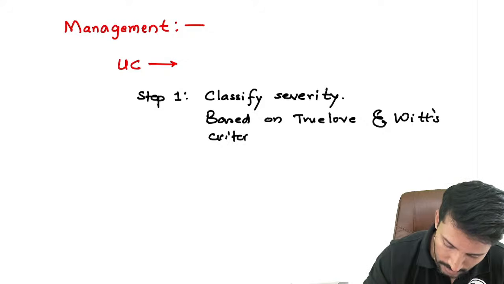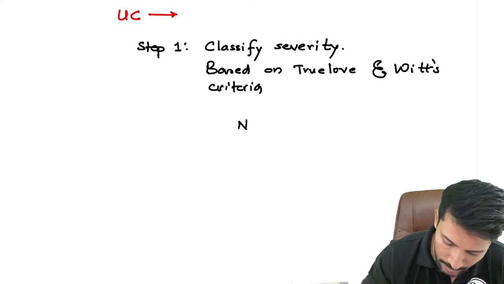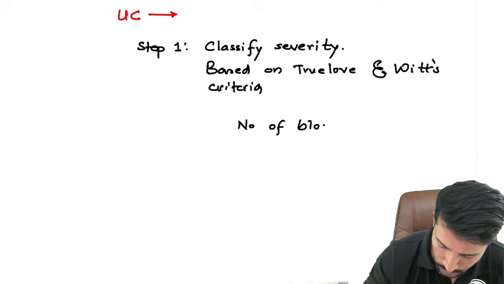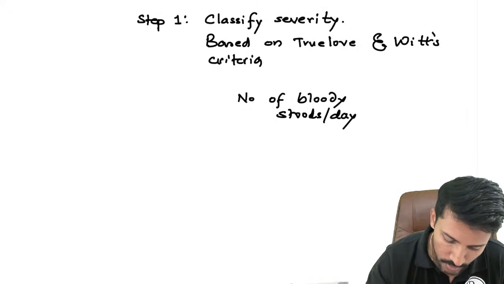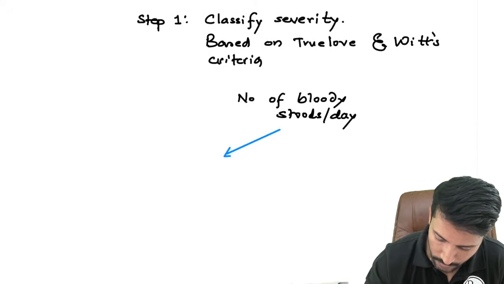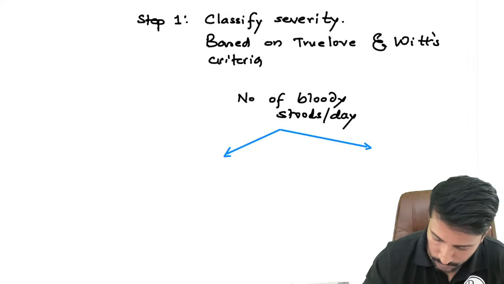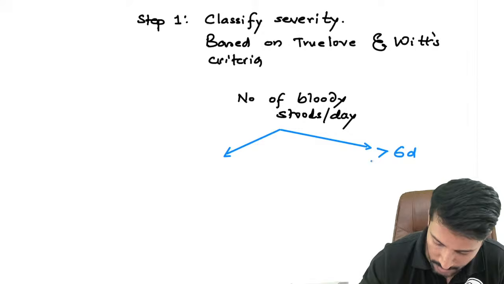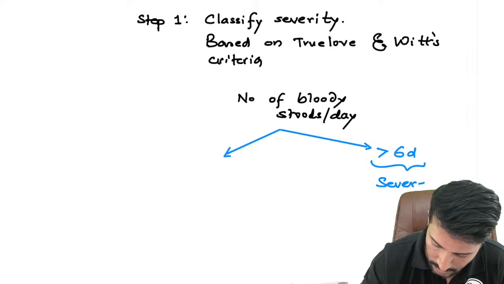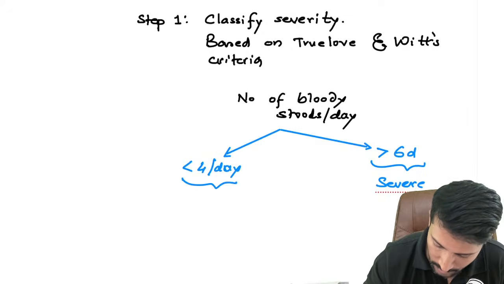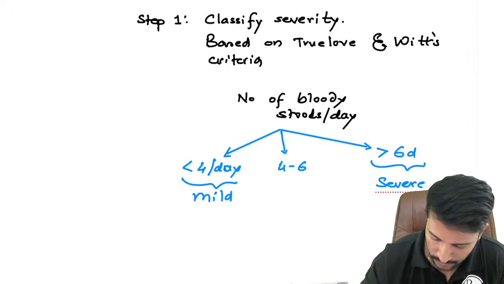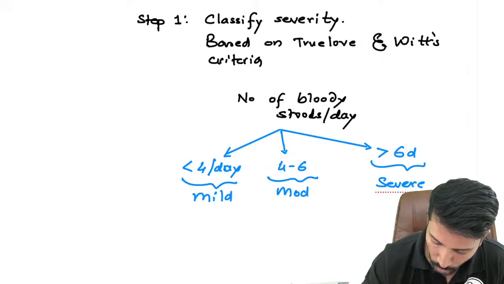So what it says, it primarily looks at the number of bloody stools per day the patient is having. Okay. So if it is more than 6 per day, it is severe. If it is less than 4 per day, it is mild. And if it is between 4 to 6, then it will be called as moderate.